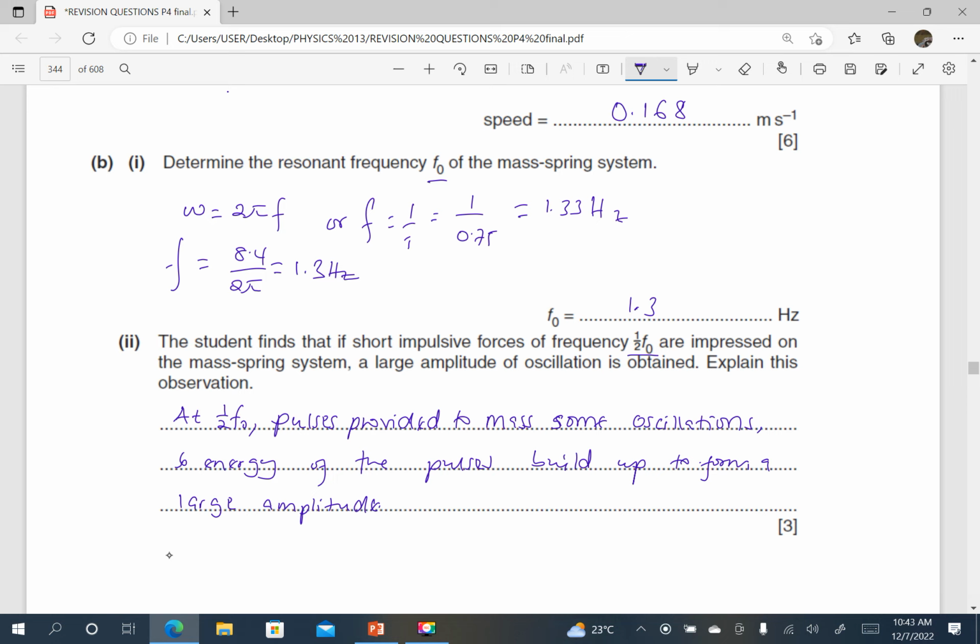Because the periodic pulses are giving the mass alternating oscillations, the energy of the pulses builds up to form a larger amplitude.